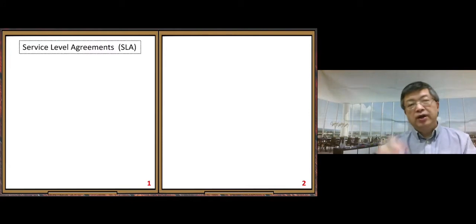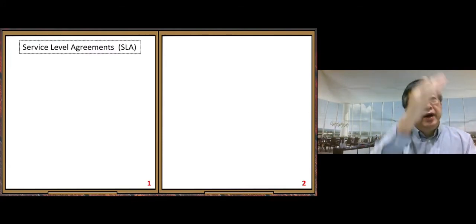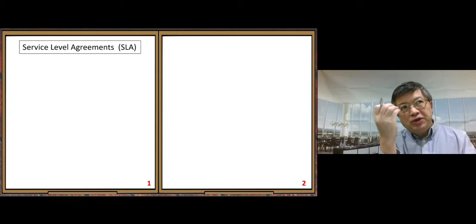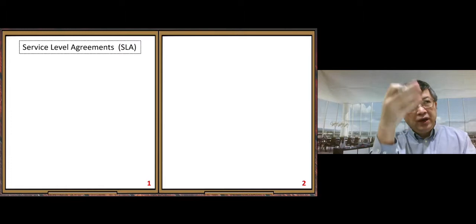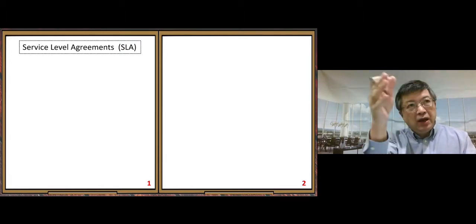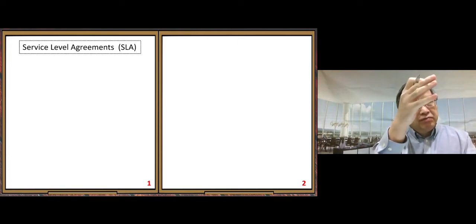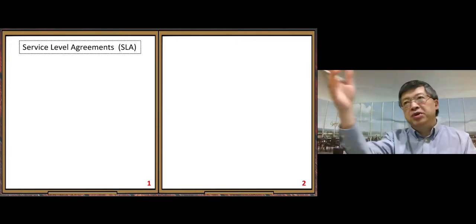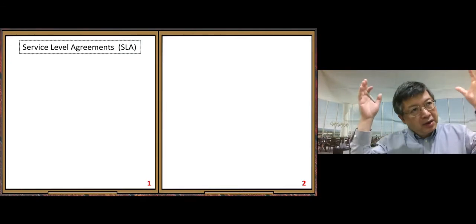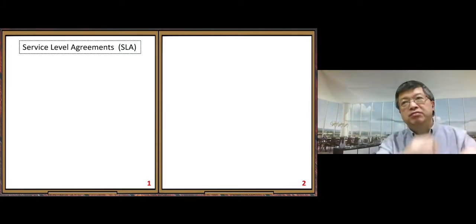So when we start, we look at this concept called Service Level Agreements, SLA. So this special type of agreement is usually used in the current popular service case, cloud computing. Many companies right now like to use cloud computing services.